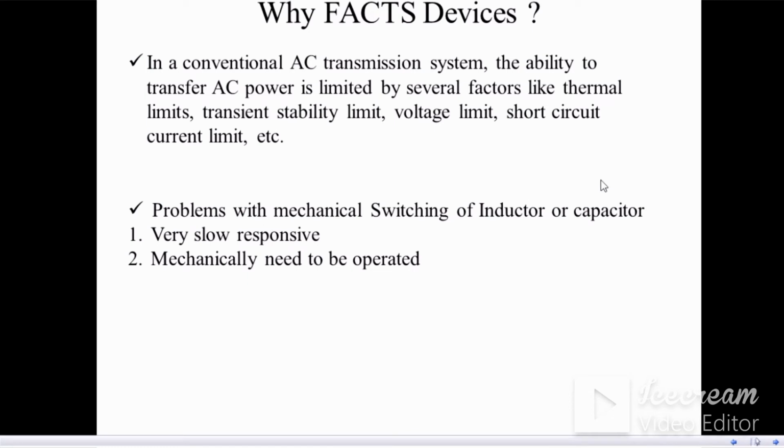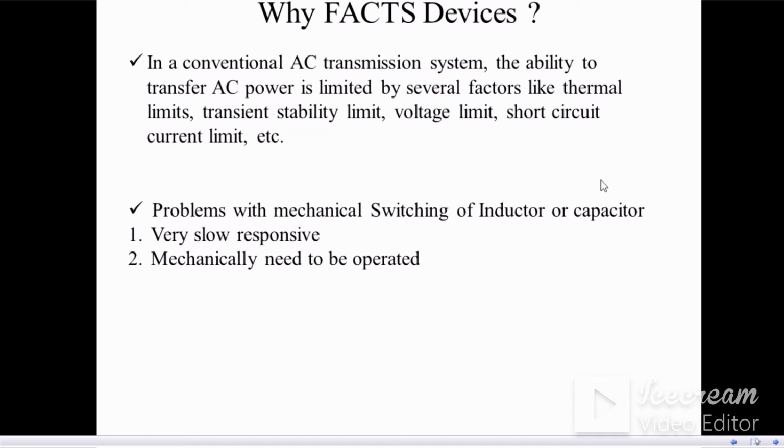The second main reason for using FACTS devices is that till now the traditional methods were using inductors and capacitors and thereby changing the impedance of the power system network. But how were we installing these capacitors and inductors? These capacitors and inductors were installed using manual switches, or we call them mechanical switches.